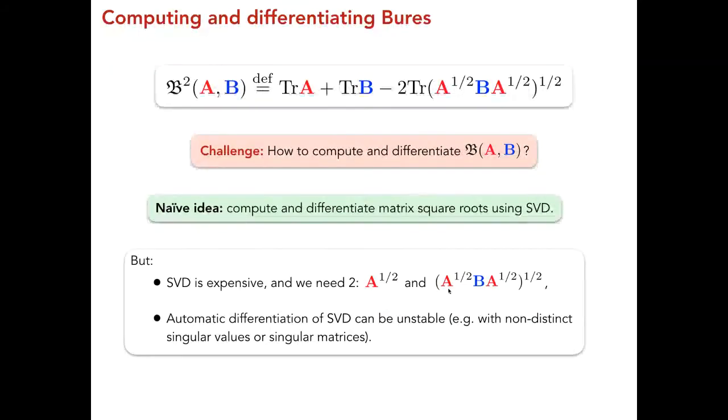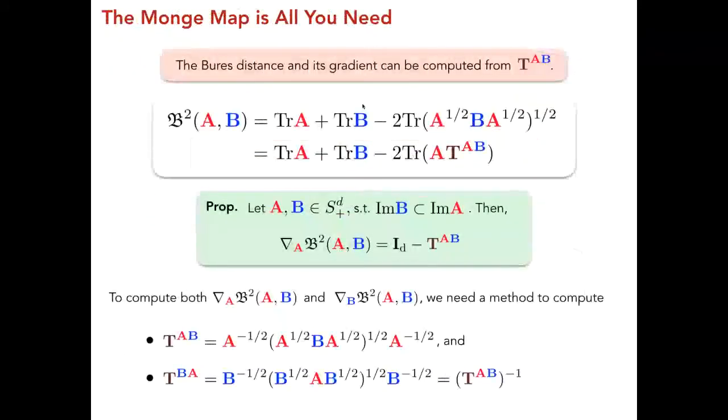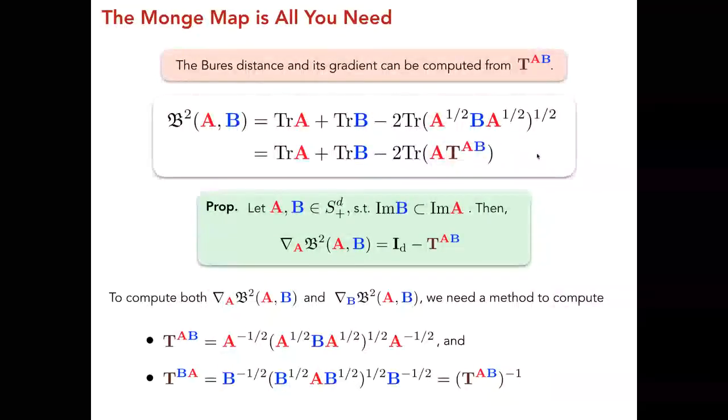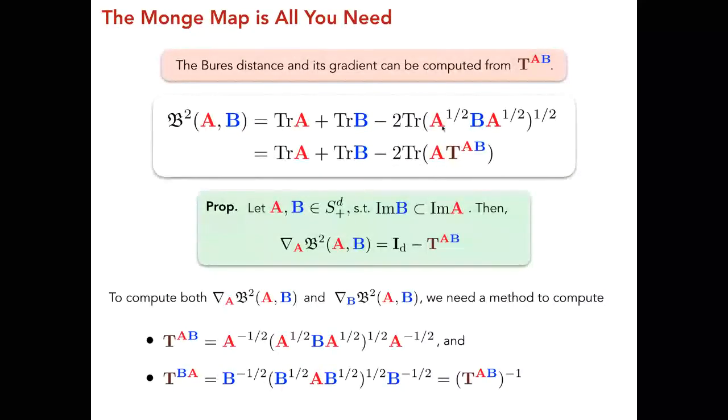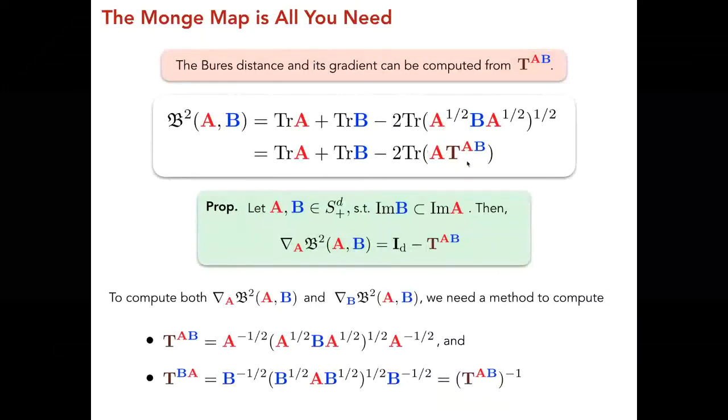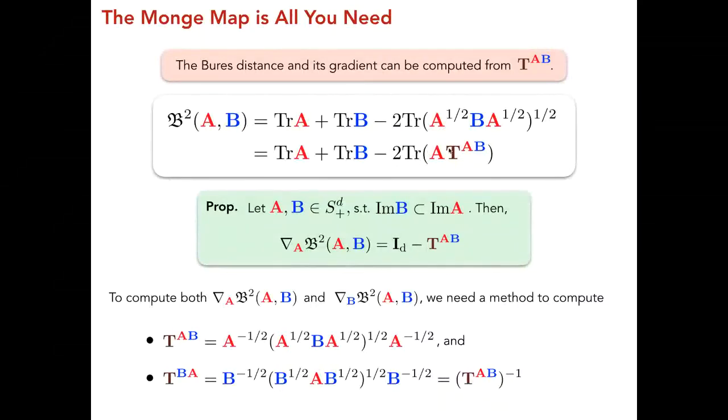So we'd like to find a better method to compute the Bures distance and its gradients. Well, actually, if we look a little bit closer at the Bures distance, then we can see that we can actually compute it as a function of the transportation map. Indeed, if you look at the expression of the transportation map and you plug it back here, then those two trace terms are equal. And so if we have access to the transportation map, then we also have the Bures distance up to matrix multiplication and the trace.